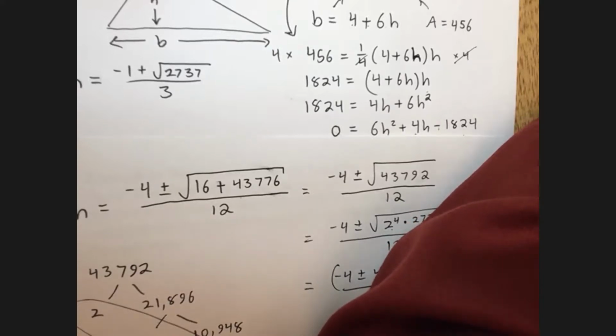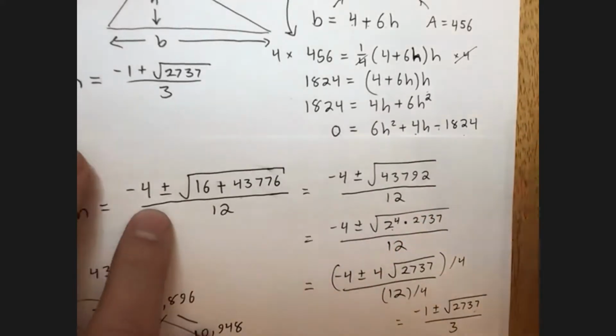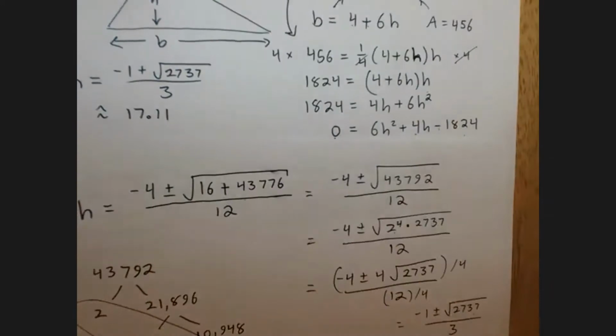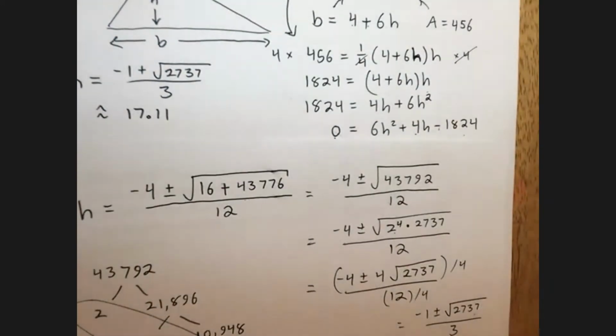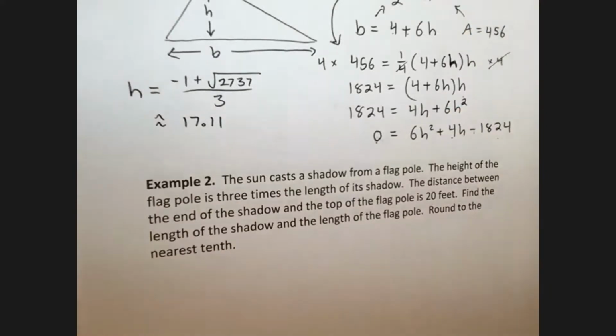So 2737 square root, and then I'm adding -1 to it, and then dividing by 3. 17.11. Yeah, 17.11. Don't need that work anymore.